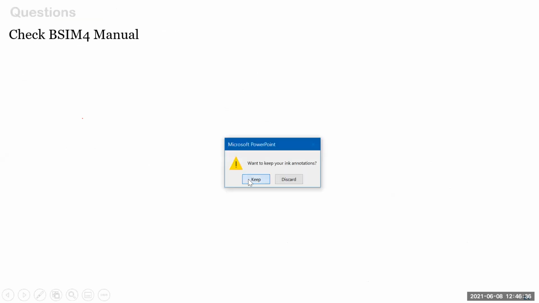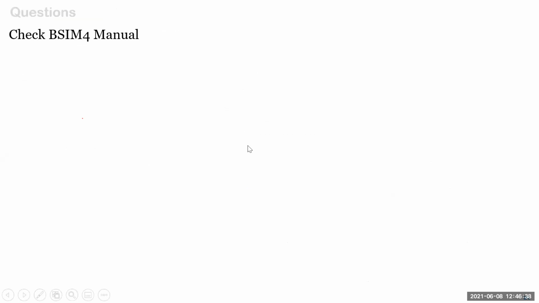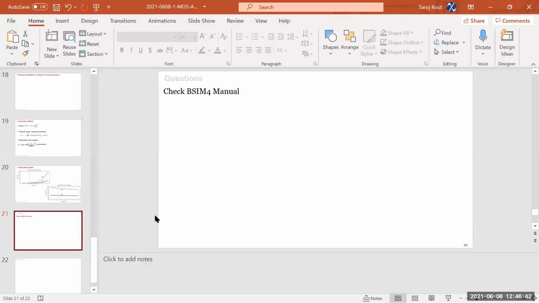So we went from level 1 equations and we showed you some fitting parameters. But if you look at the model, they're even a lot more complex than this, just to get the exact results. So let me bring it in.